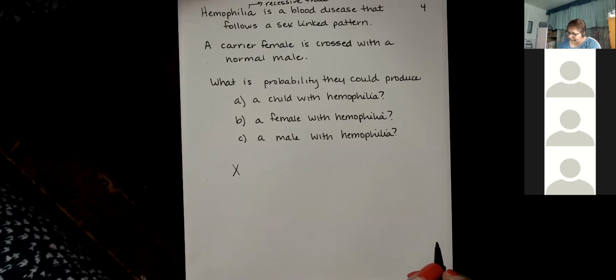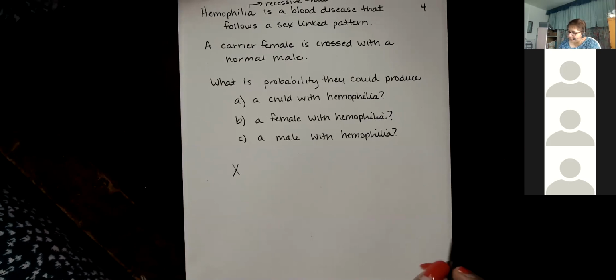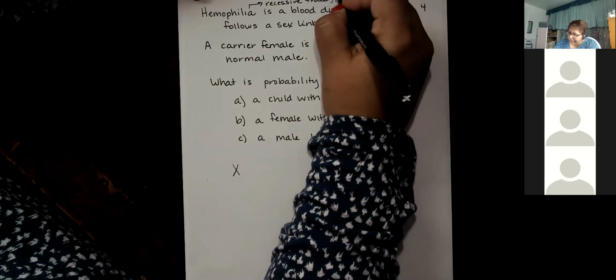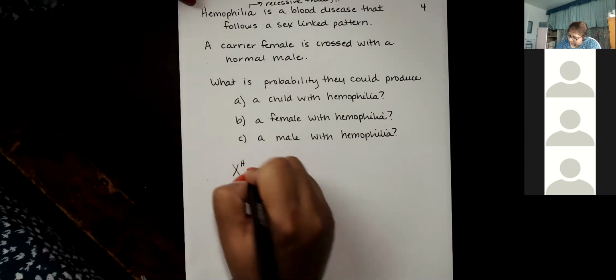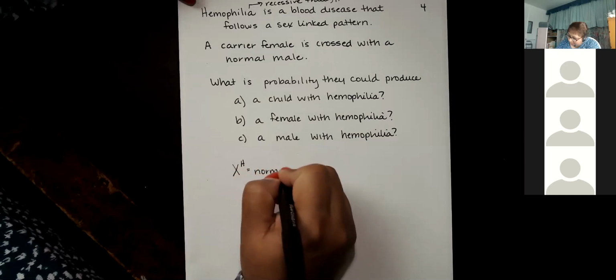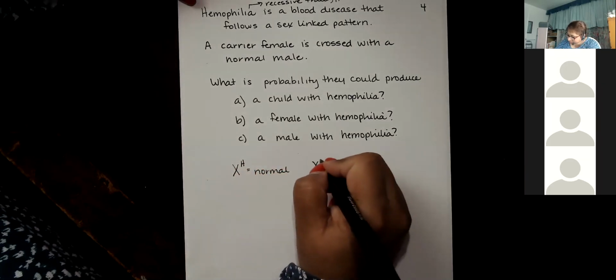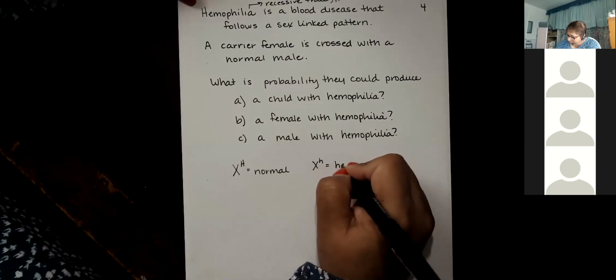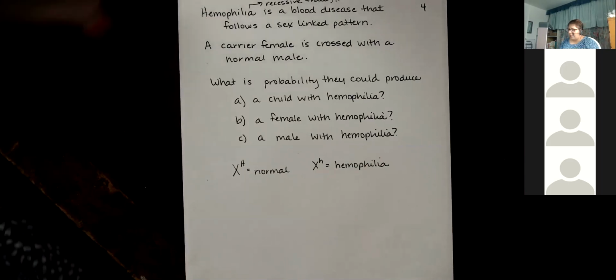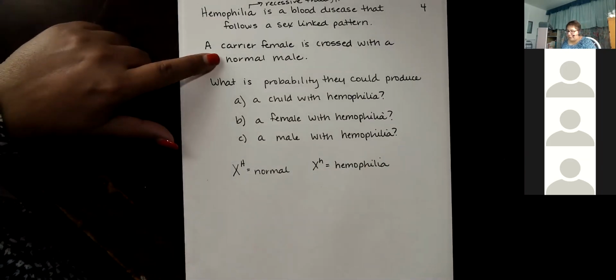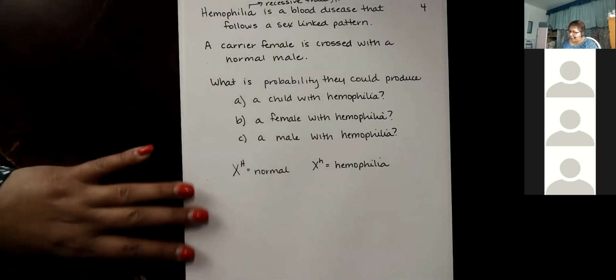I just put a C. You used the C? Okay, I'm going to use H for hemophilia. You can use any letter, but this would have been a normal allele, and this would have been hemophilia.